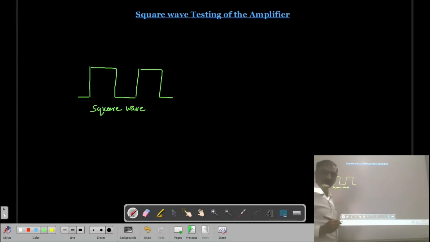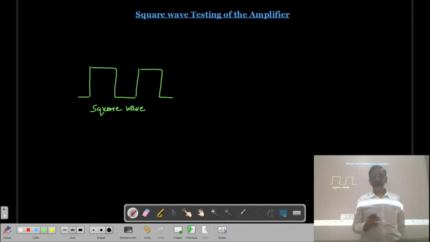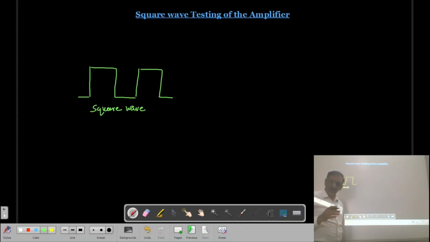And what is the importance of the square wave? In Fourier analysis, you must have learned that a square wave consists of a number of odd harmonics. So when I apply a square wave of 1 kilohertz, the 3 kilohertz, 5 kilohertz, 7 kilohertz components are automatically applied at the input of the amplifier.